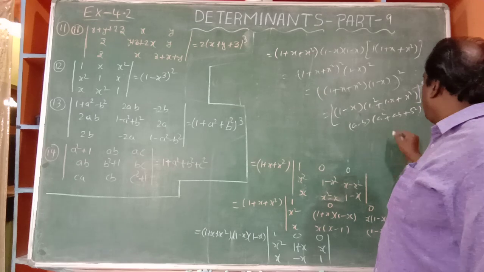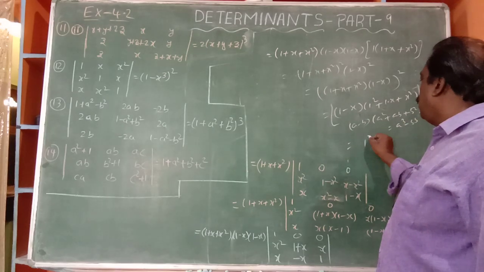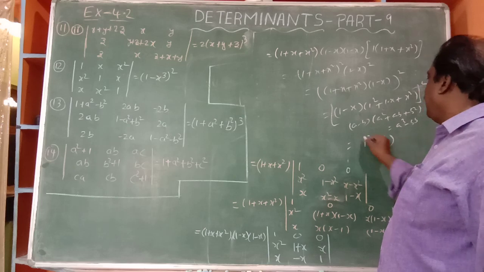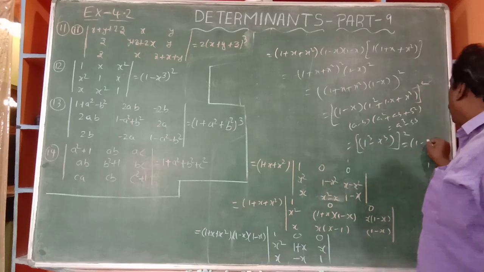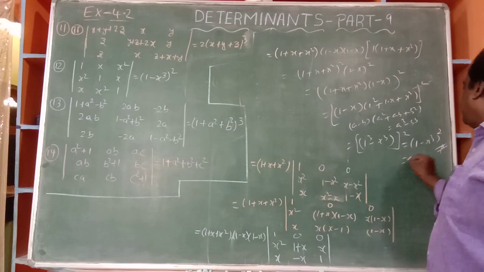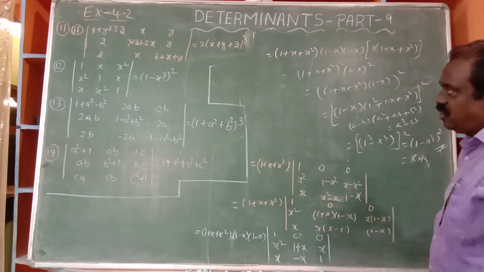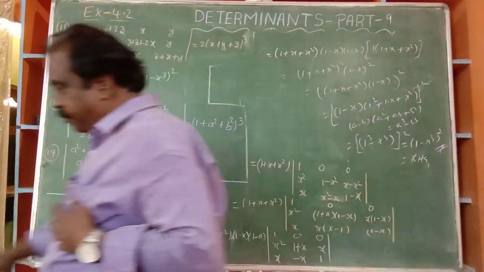Here 1 minus x of 1 square plus 1 into x plus x square, whole square is there. Now a minus b of a square plus ab plus b square is nothing but a cube minus b cube. Like that it is 1 cube minus x cube, whole square. That is simply 1 minus x cube whole square. Now that is nothing but the RHS. Like that.